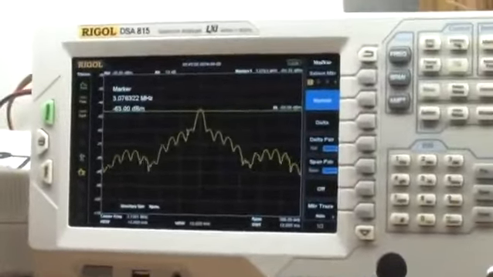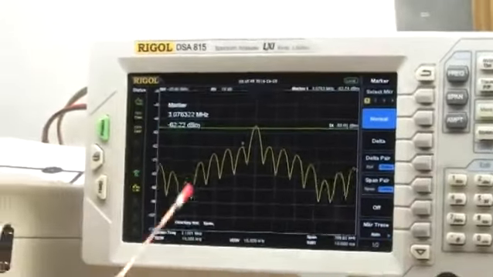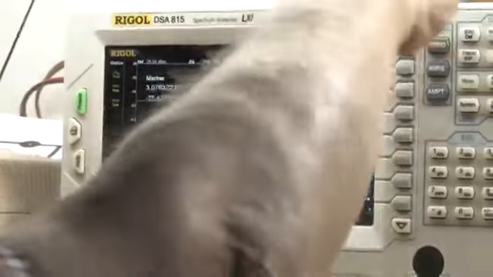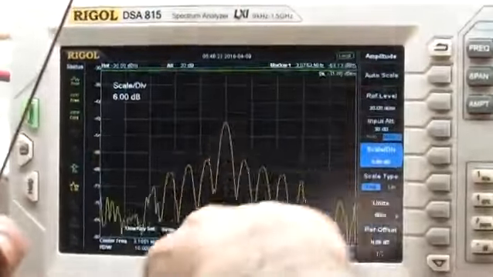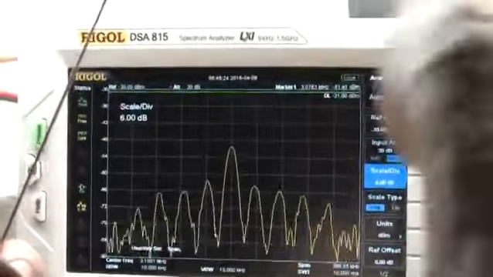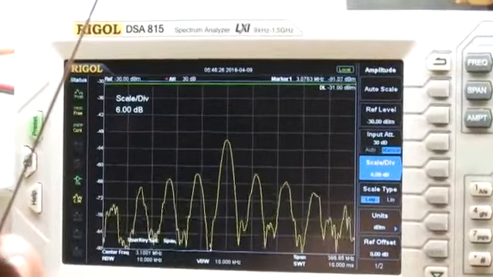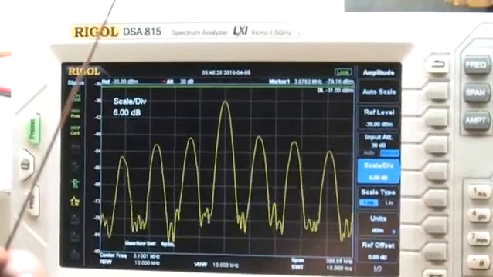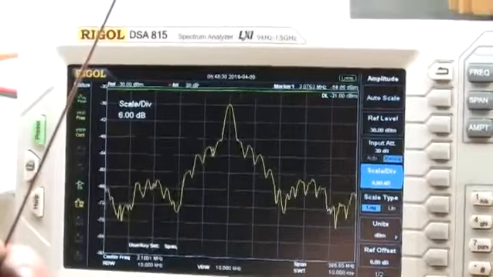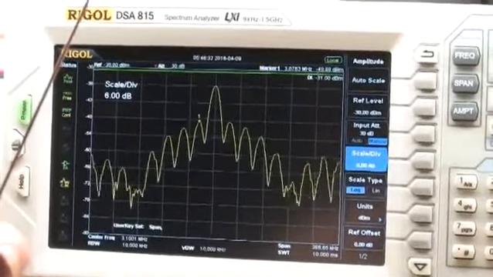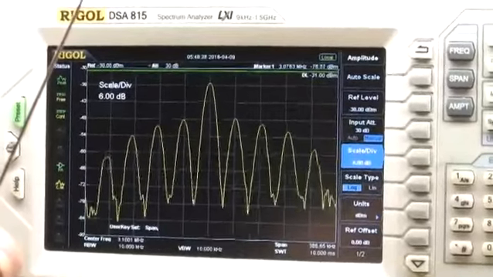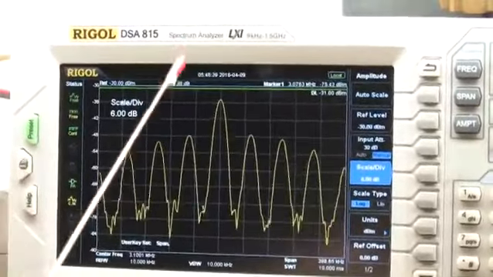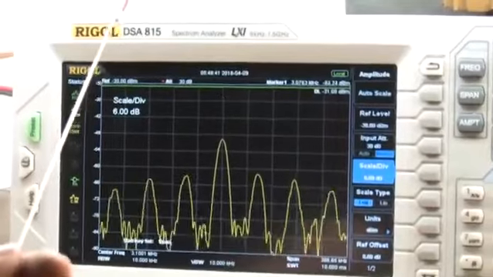But actually, what's happening here is that we might be able to get this. I want to get it in a clear view. Now notice this is on the antenna. And when I touch it, see the power go up? Because the signal's actually transmitting into me right now. So it's pretty powerful right there.